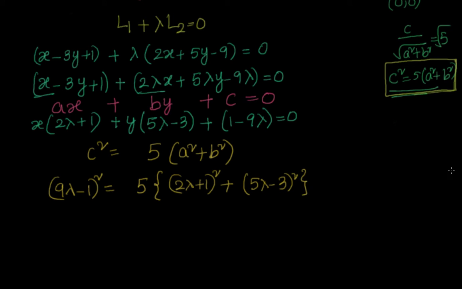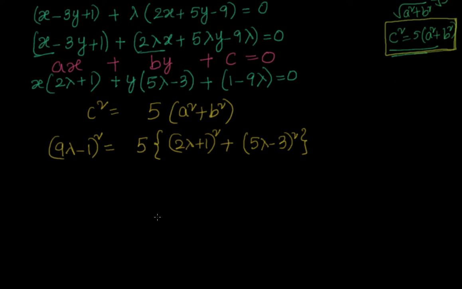A little bit of algebra, nothing other than that, just to find out the value of lambda. So a minus b whole square, I will expand this. I will have 81 lambda square minus 18 lambda plus 1, that is equal to 5 into, I will expand the 2 lambda plus 1 whole square.